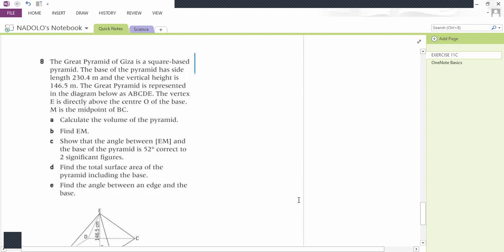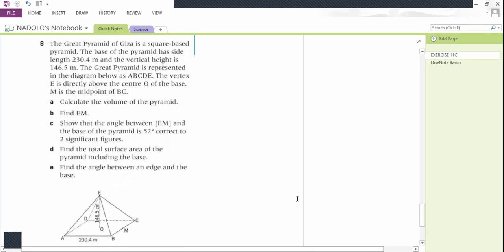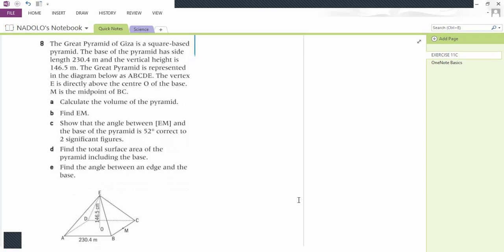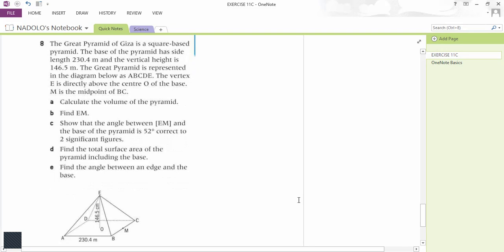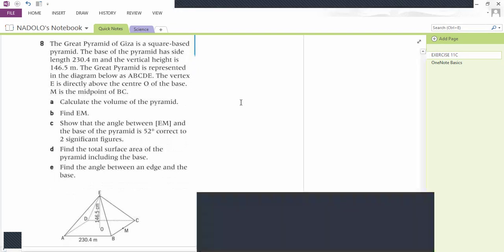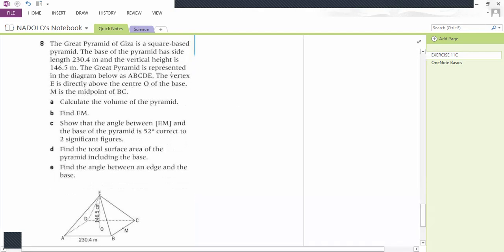All right, so lastly, we have question 8. Question 8 talks about the Great Pyramid of Giza, which is square-based. So that is a very important point there. It is square-based, whose pyramid has the side length of 230.4 meters and the vertical height is 146.5.